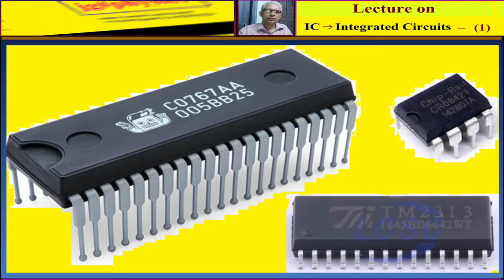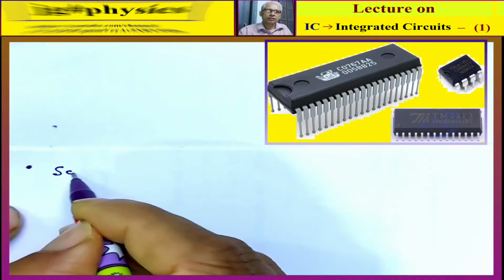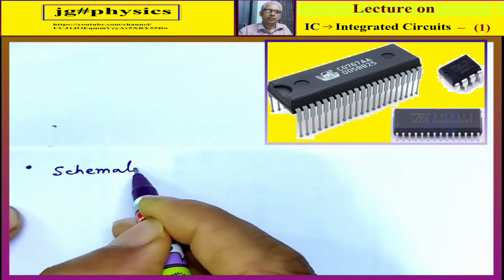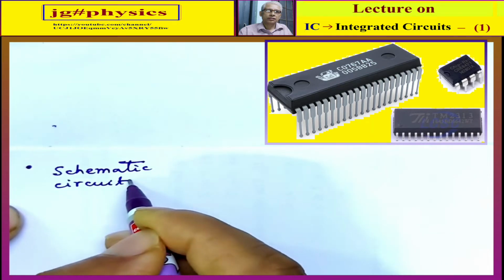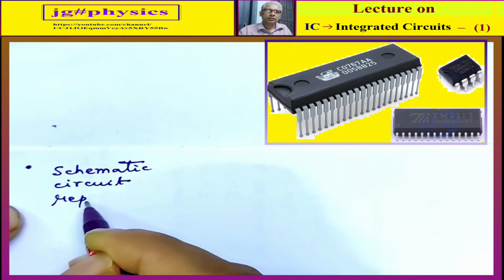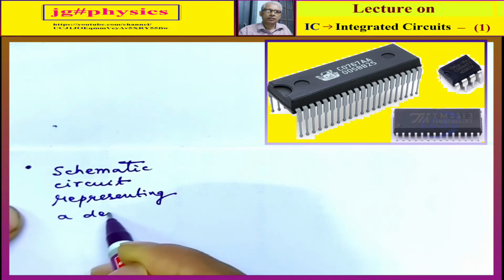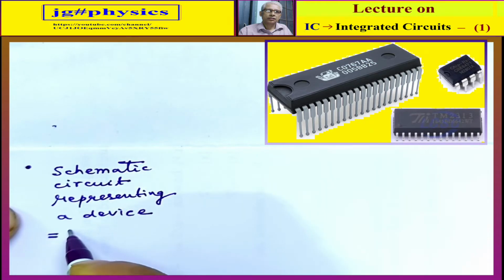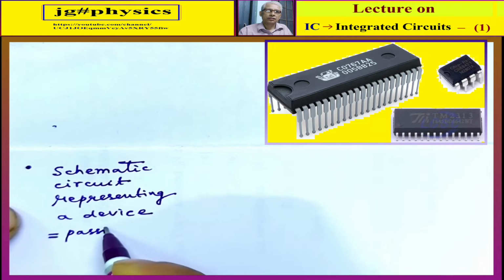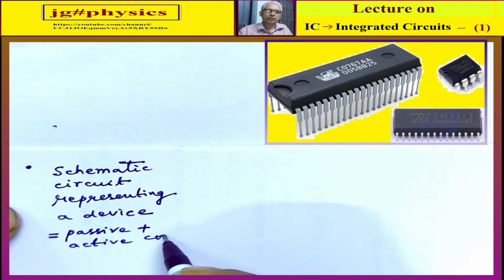Let us make a gist and then we shall define IC formally. We had a schematic circuit representing a device, that is passive plus active components plus their connections.